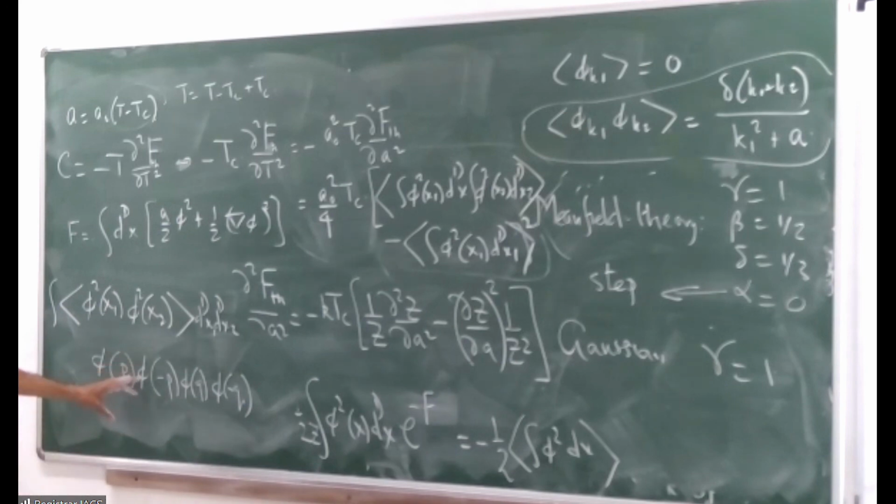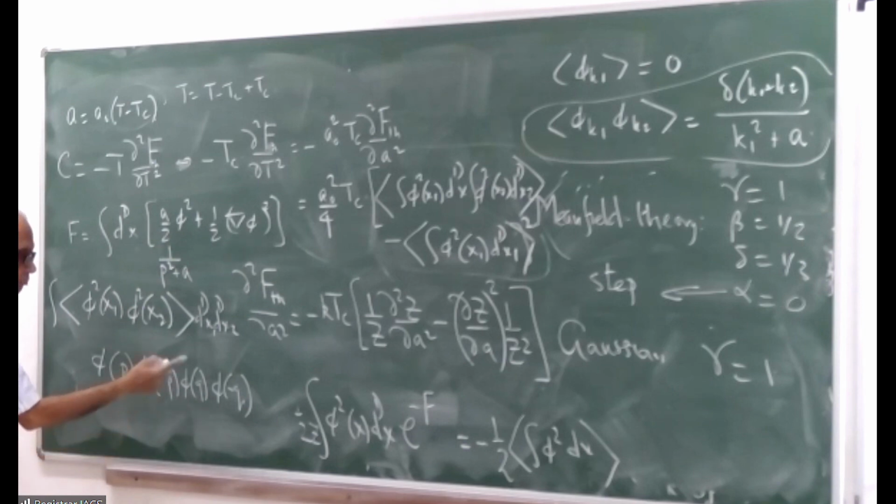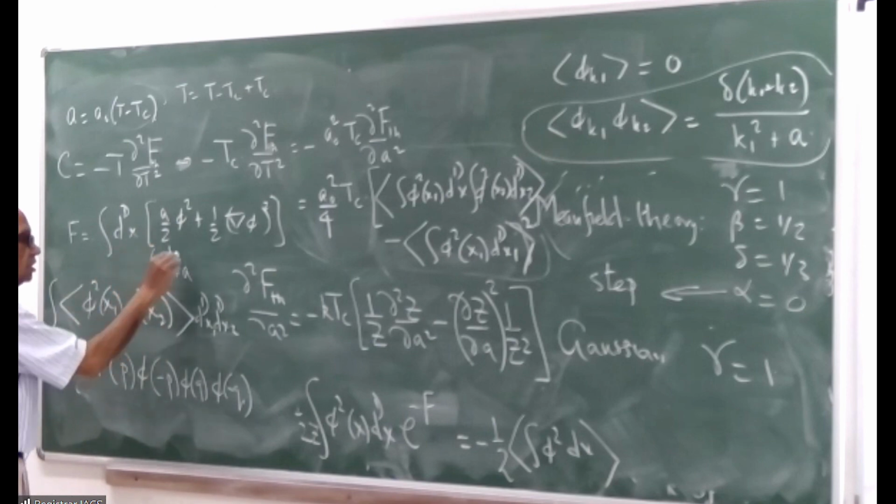But the point is, there is going to be a 1 over p square plus a coming from over here, and a 1 over q square plus a, but there would be a delta function coming in which would essentially reduce it.